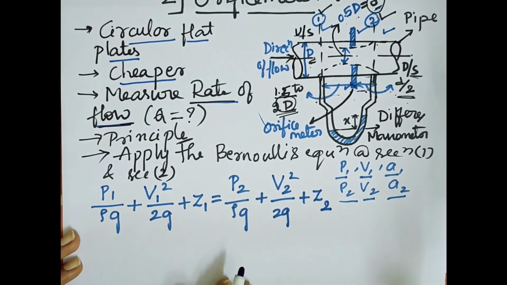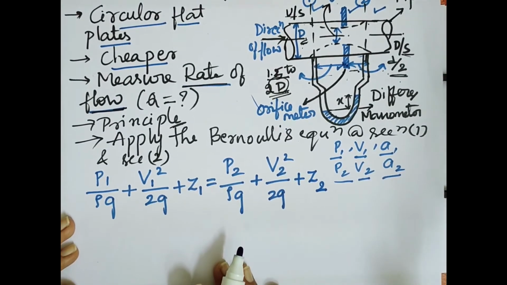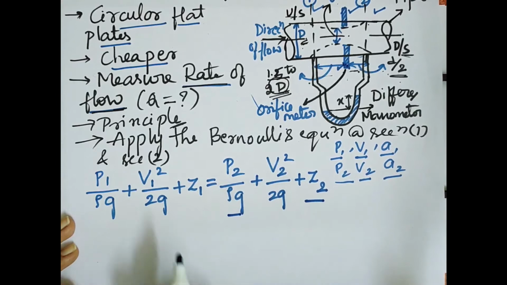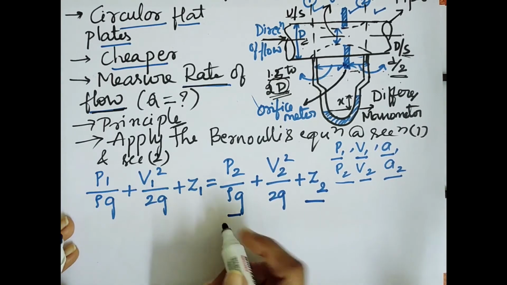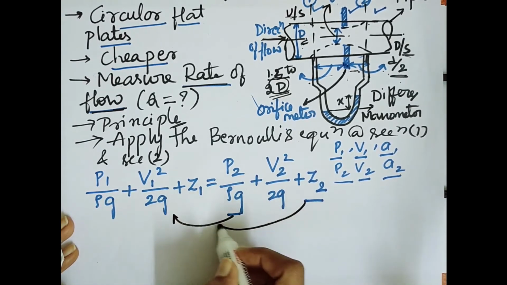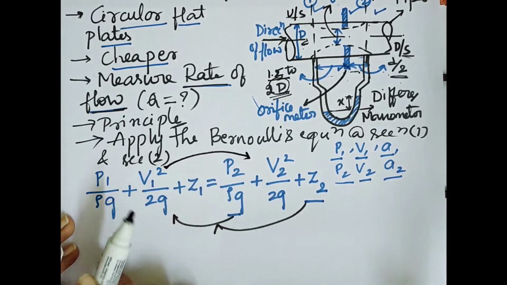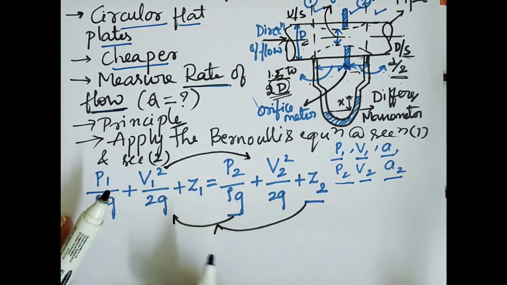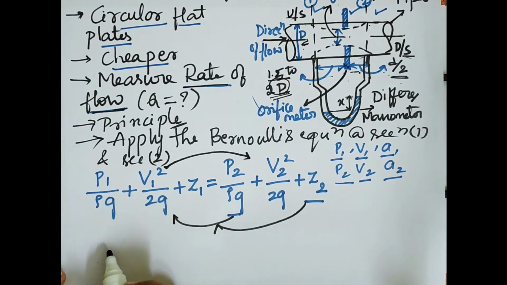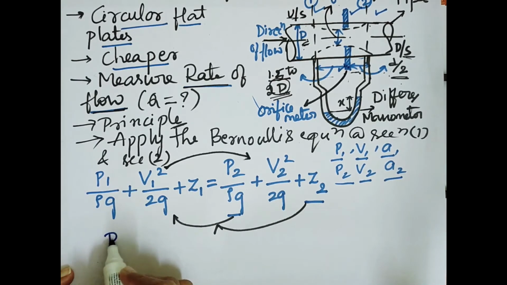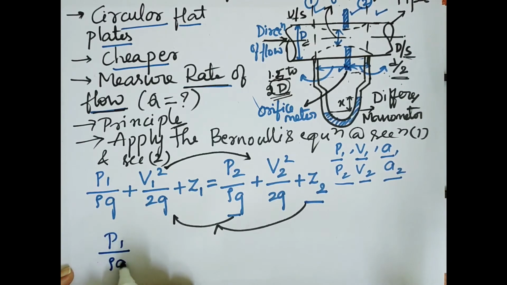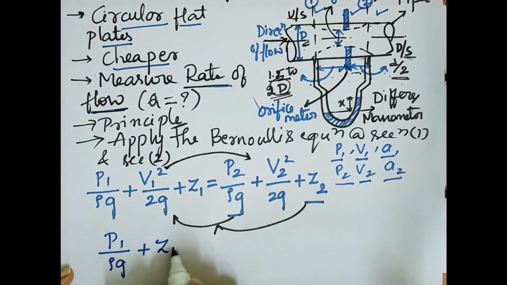Here we'll send the pressure head and the datum head to the left hand side and the velocity head to the right hand side. If you rearrange the equation, it is P1 by rho g plus Z1 minus P2 by rho g.